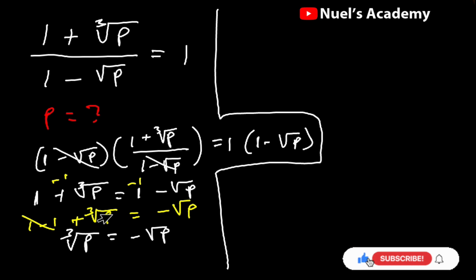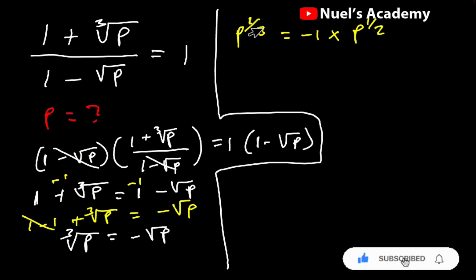We're going to write this cube root of p as p to the exponent 1/3, equal to negative 1 multiplied by root p, which we write as p to the exponent 1/2.